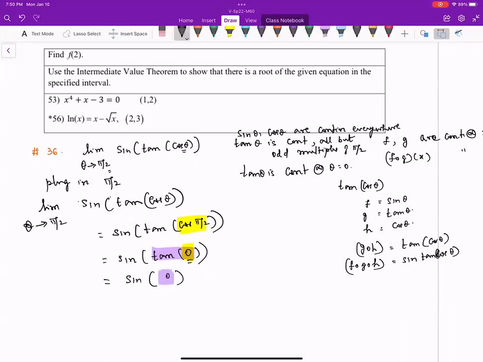What is sine 0 equal to? 0. So the value of the limit as theta tends to pi by 2 of sine of tan of cosine theta is equal to 0.